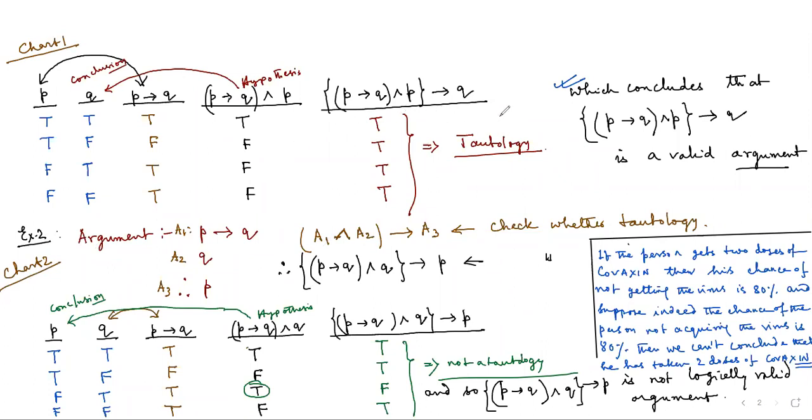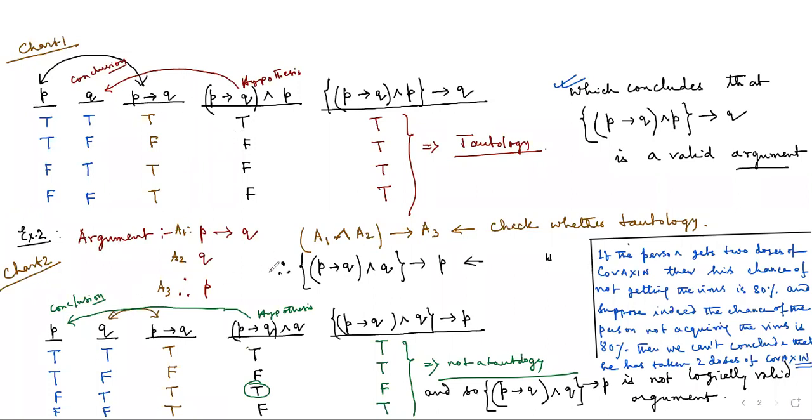Look at the 2 columns, the hypothesis column and the conclusion column. Here the hypothesis is T and the conclusion is T. Here F and T. Here F and F, and F and F. So there was no problem.